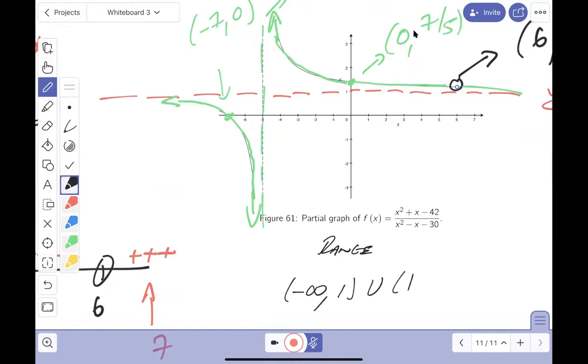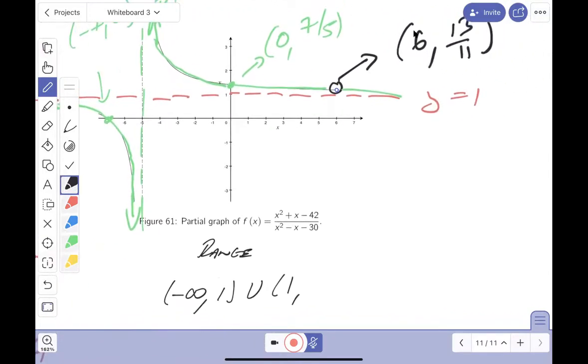Union, starting up at 1. Oh, and then what does it do? It looks like it goes toward 13/11ths, but not touching it. Union, I'm sorry, I had that backwards. I said 13/11ths, right? Union 13/11ths to infinity.